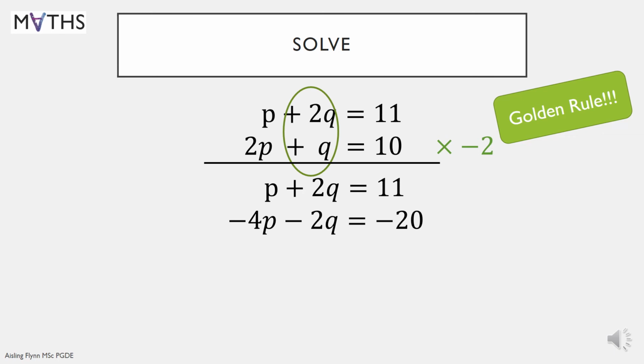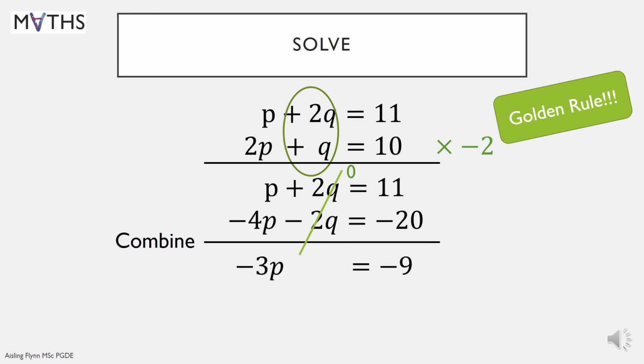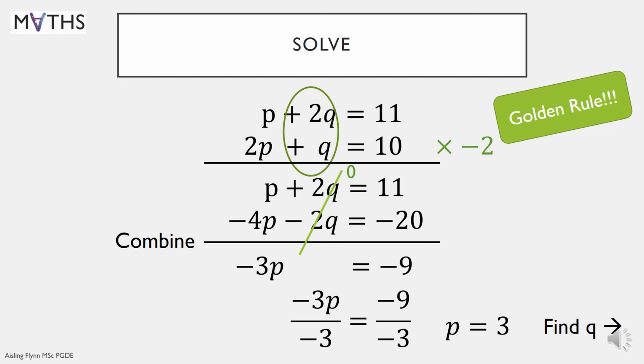So everything by -2. Now to combine, as we wanted, the q's are eliminated. Combining the p's, you get -3p, and the numbers, you have 11 minus 20 is -9. Dividing both sides by -3, I get p equals 3.